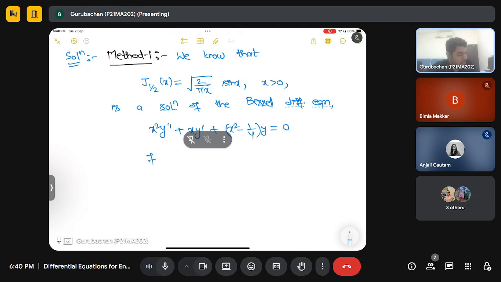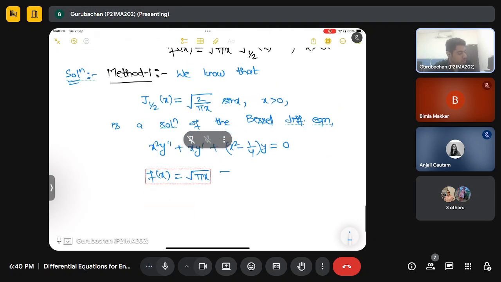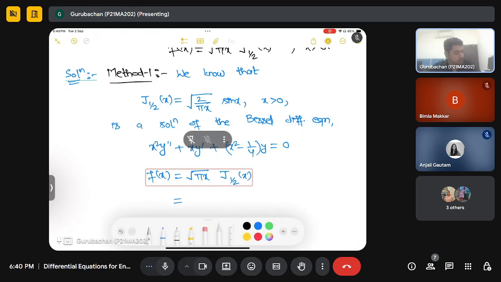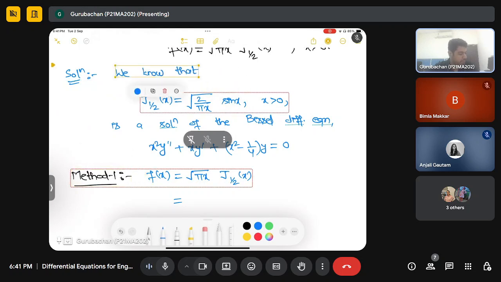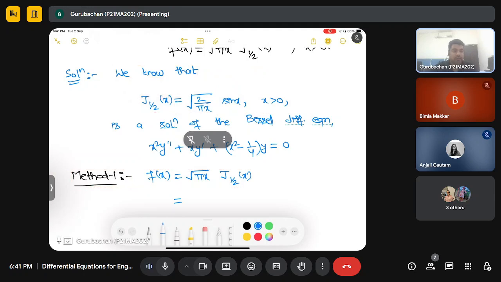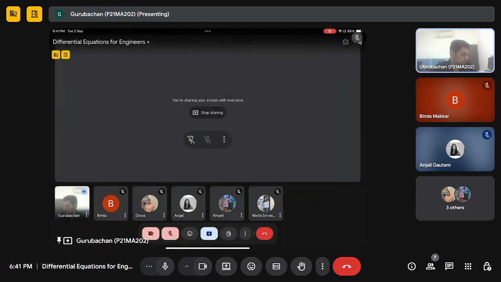Next, we have given that fx is equal to under root pi x into j half of x. So this method one will start from here. Either way, we can go directly by putting the value of j half of x.